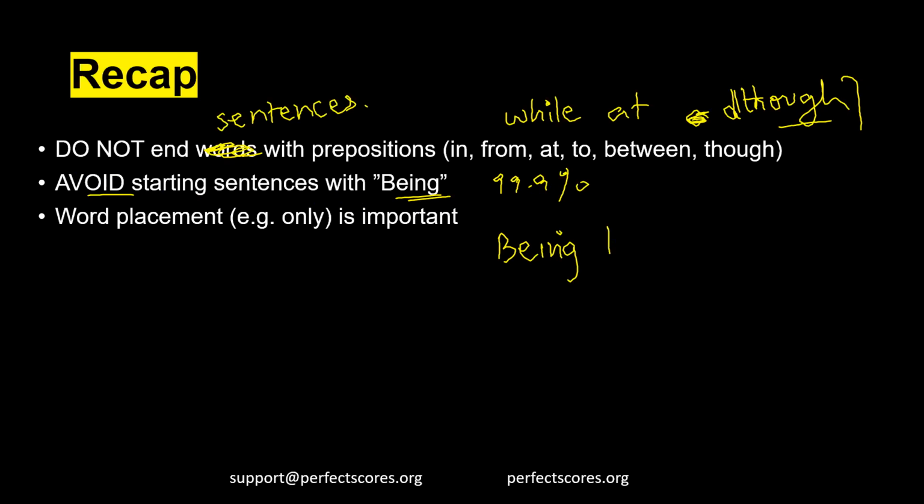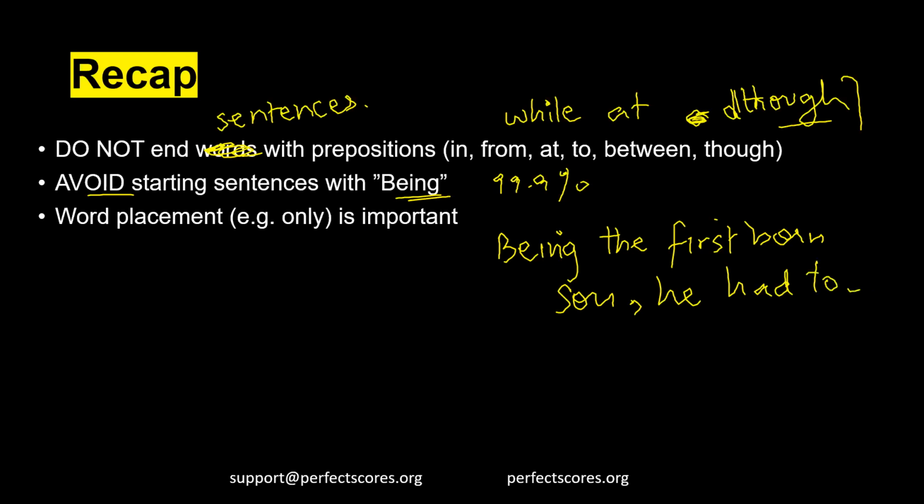"Being the firstborn son, he had to do something." So it's better if you use the word "as" in place of "being". "As the firstborn son, he had to do something." So as much as possible, avoid any option that starts with "being".